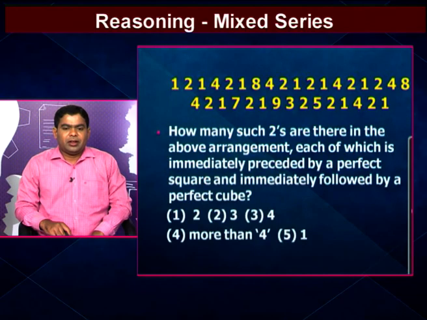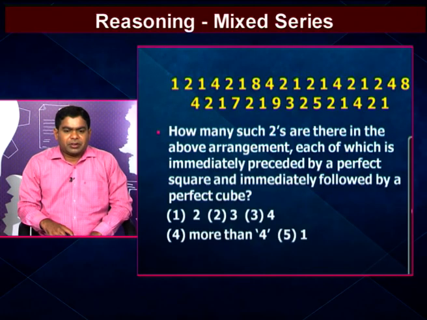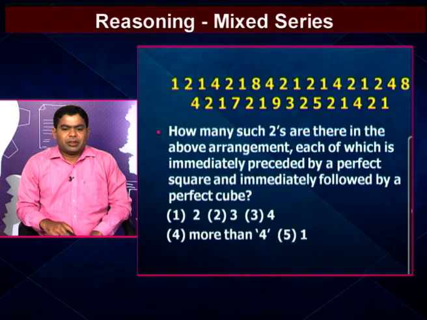So all are single digits. Observation from the beginning is called left hand, observation from the ending is called right hand. So here we go to the question. How many such 2's are there in the above arrangement, each of which is immediately preceded by a perfect square and immediately followed by a perfect cube? Before solving the question, first of all we discuss the numbers.